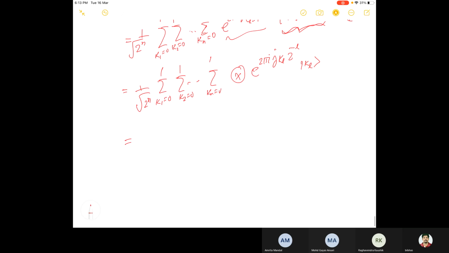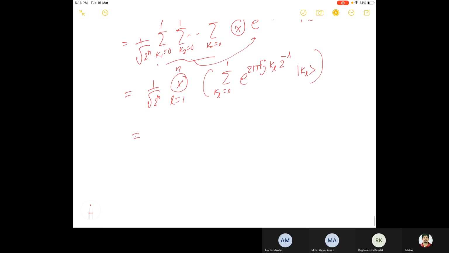Now again I can write this inside the product. So it will be 1 by square root of 2 to the power n, take the product l equal to 1 to n, summation kl equal to 0 to 1, e to the power 2 pi i j kl 2 to the power minus l.